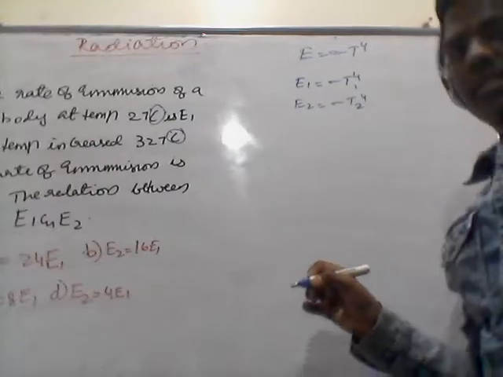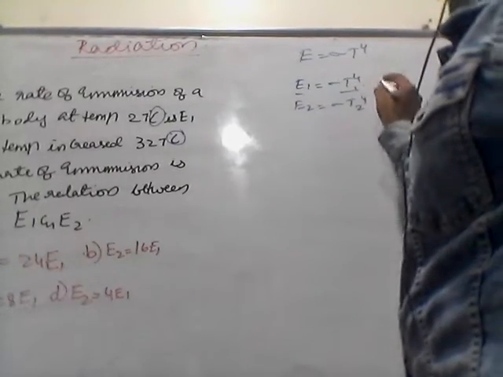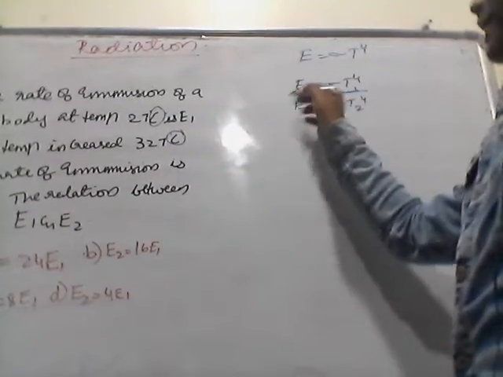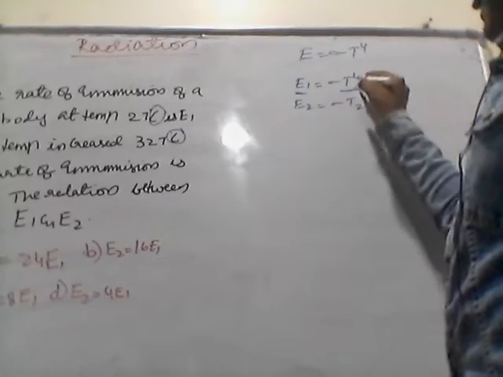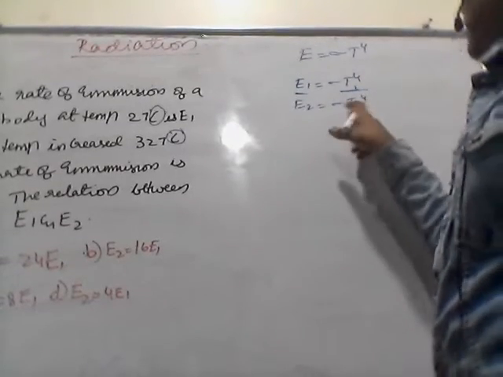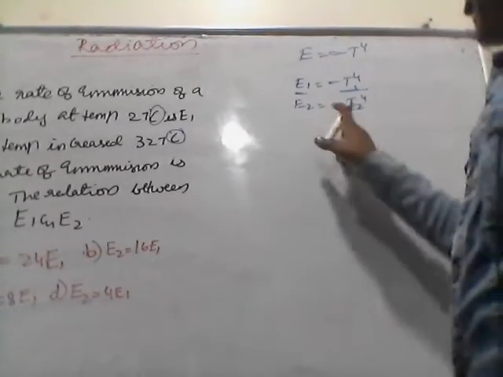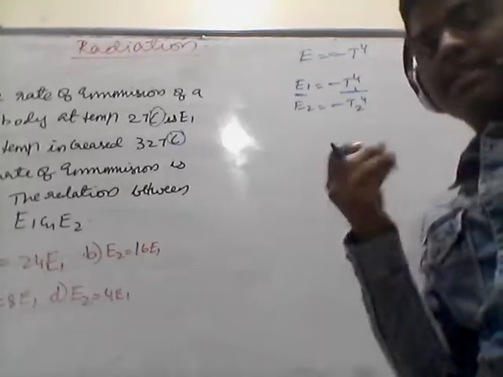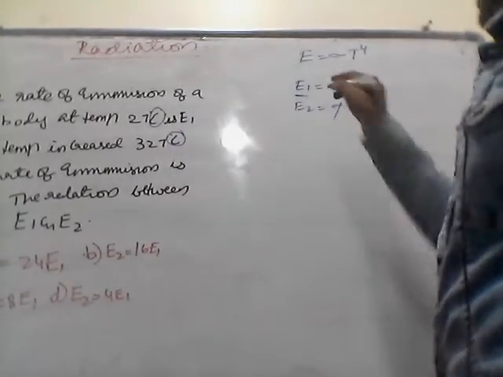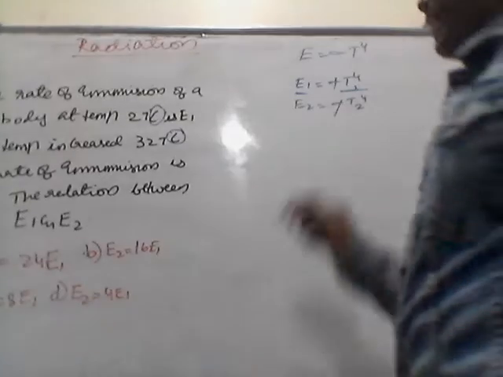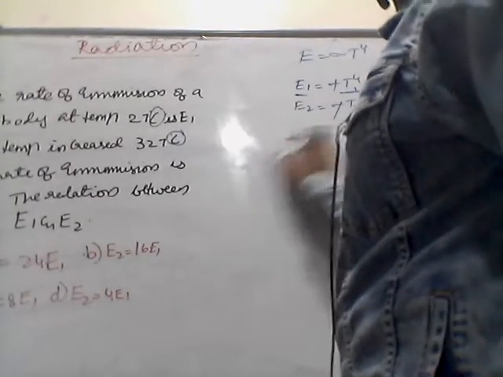They are just asking us the ratio. So E1 by E2 is equal to sigma T1 power 4 by sigma T2 power 4. Sigma is a constant, so sigma gets cancelled here.